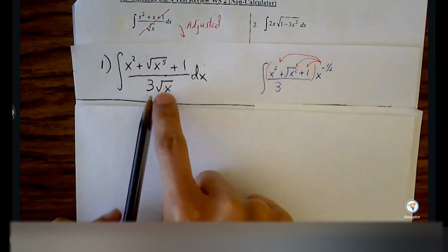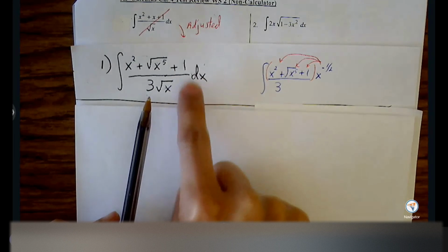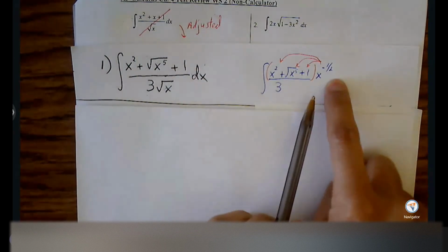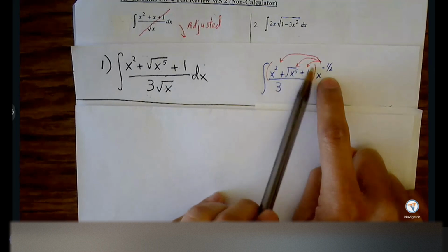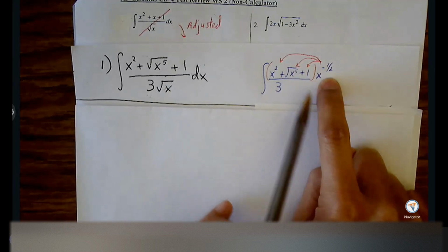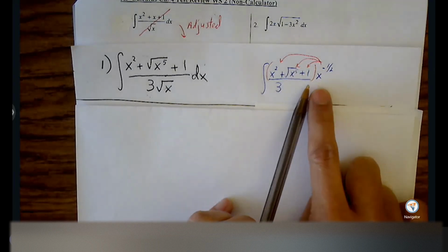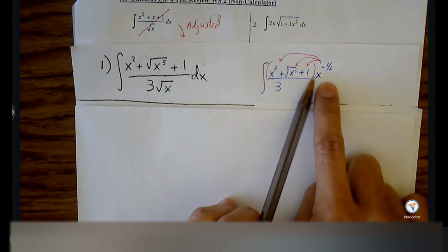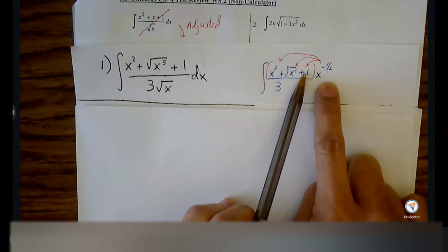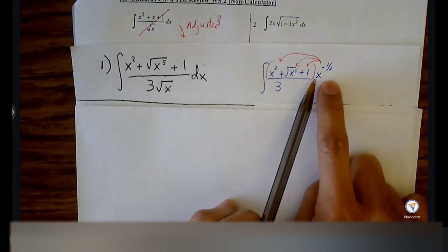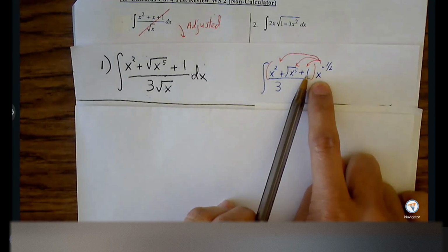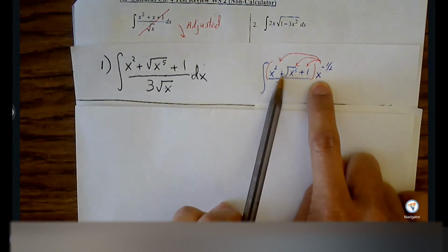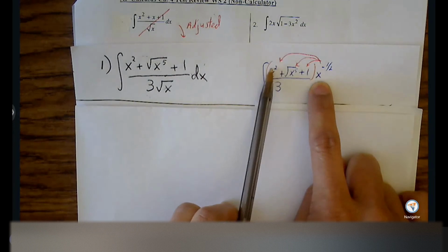I said when you bring that square root of x up, you change that x to the -1/2, which many of you did. But many of us forgot to distribute through all these terms. I see students bring it up and make it just an addition problem after the 1, like 1 plus x to the negative 1/2, or I see students just multiplying with the 1 and not the other terms, but it needs to distribute through everything.